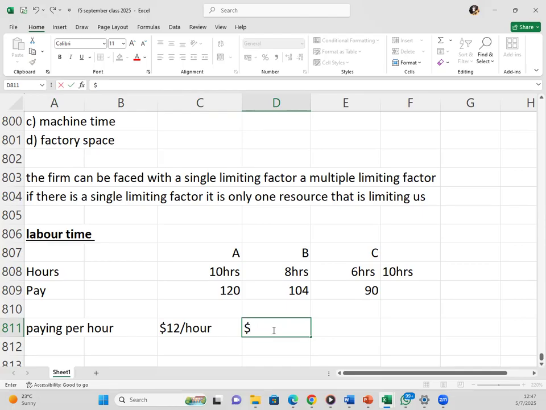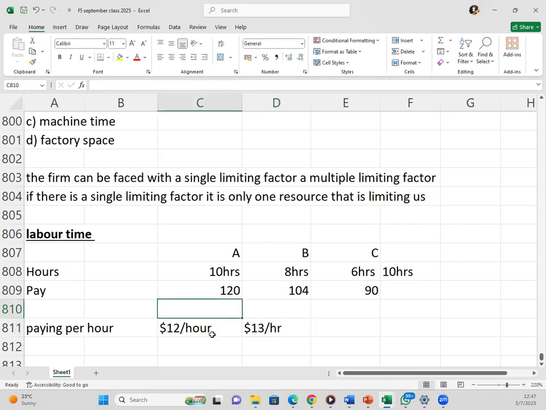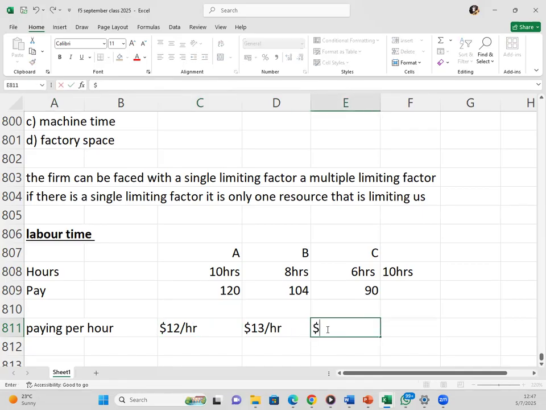Then company B is paying 104 for 8 hours, that's $13 per hour. Then company C is $15 per hour. So you divide the price they are giving you by the number of hours.